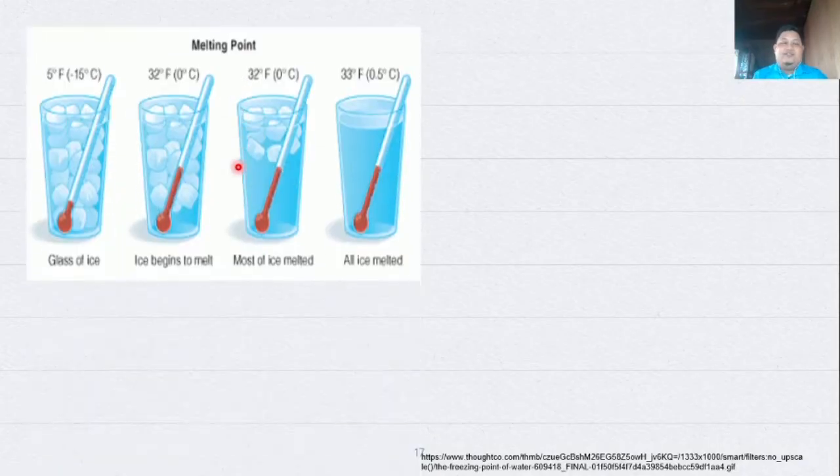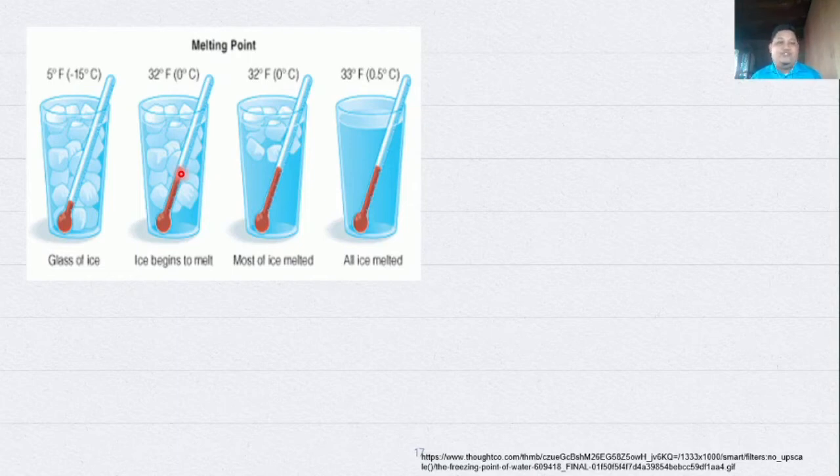Next, some examples of melting point. If the temperature of this glass of ice is negative 15 degrees Celsius, the ice does not melt yet. But when we increase the temperature, let's say to 0 degrees Celsius or 32 degrees Fahrenheit, the ice begins to melt, because water has a melting point of 0 degrees Celsius.